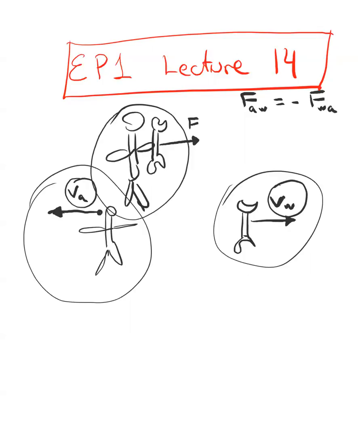And the force of the wrench on the astronaut is the same force in magnitude, but it has opposite direction. So this is the force of the astronaut, and we have an opposite force from the wrench on the astronaut. So those forces are equal.